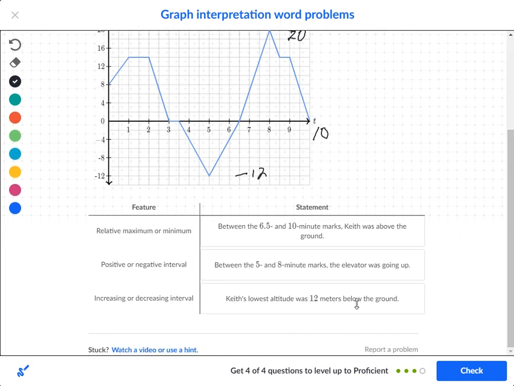Notice it says Keith's altitude was 12 meters below the ground. Now, if we call this x and we have our line across, anything above that is positive, anything below this is negative. If we consider it like ground, the x would be called the ground level. So you can be above ground level, which would put you on a hill or a mountain, or you could be below. If you were in a hole or land that was below this level, that would be considered negative.